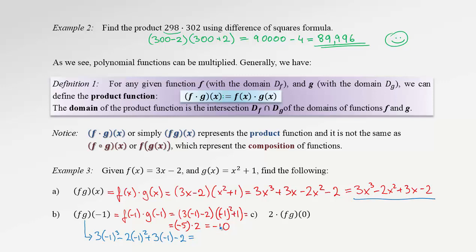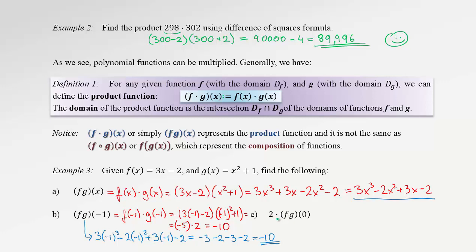Obviously, the answer should be the same. Let's see. 3 times negative 1 cubed, that's the same as negative 3. Then negative 2 times negative 1 squared, which is 1, so altogether it's negative 2. And then negative 3, and then negative 2. Yes, it is negative 10. Obviously, we expected that it will be the same answer. So you can do it either this way or that way, it doesn't really matter.